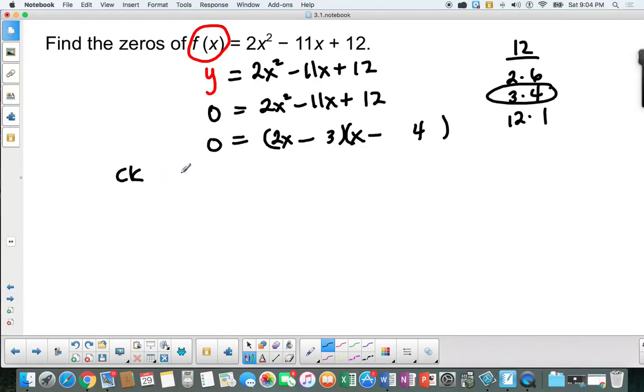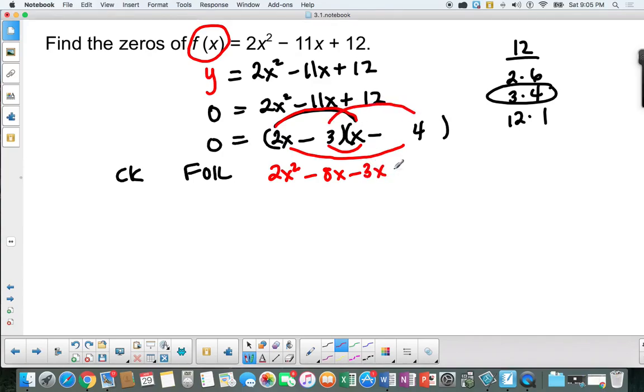So let me check my work here with FOIL. My first term is going to be 2x squared, my outer will be negative 8x, my inner will be negative 3x, and my last will be positive 12. And you can see that that matches the equation I'm trying to get.